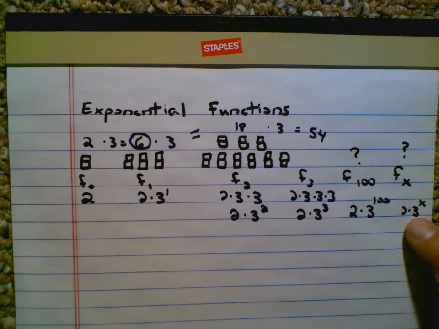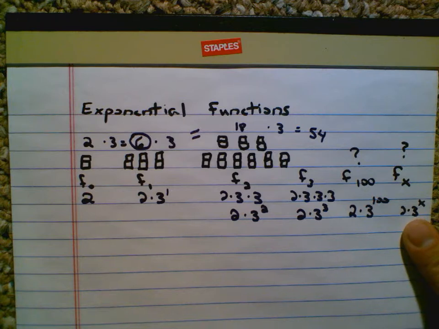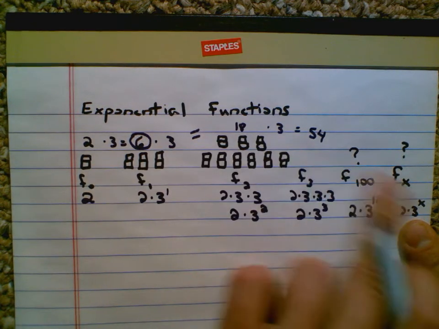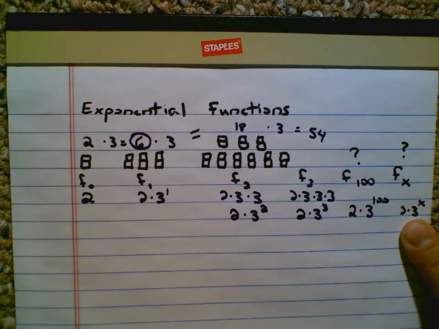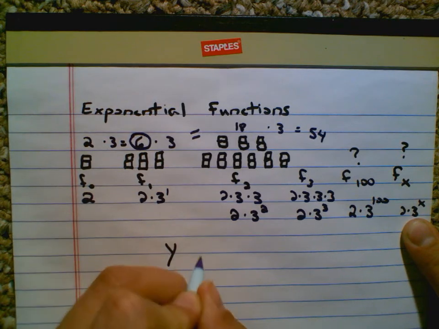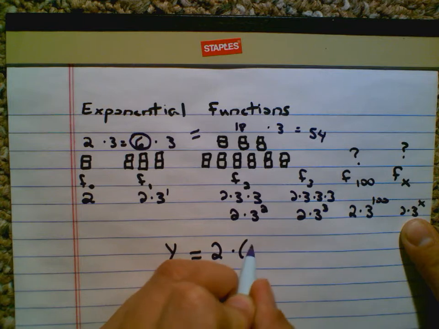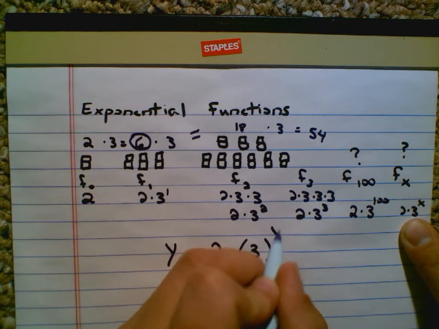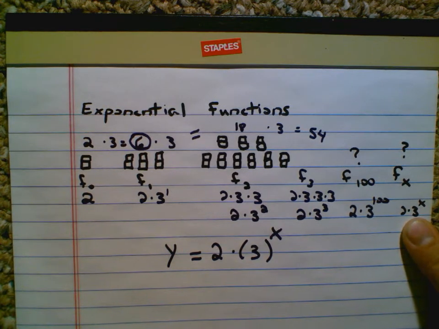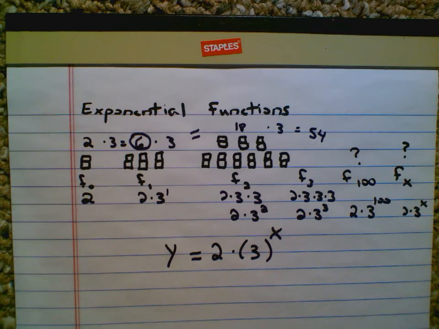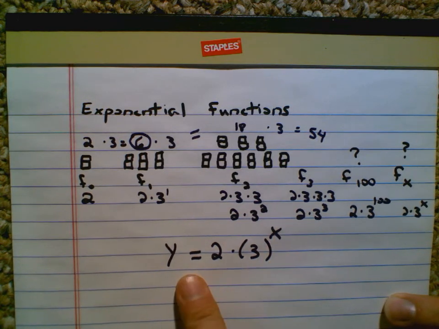Now, ultimately, this last one gives us a formula for finding the number of boxes in any given figure. We would write y equals 2 times 3 raised to the x. In fact, all exponential functions will follow this same general pattern.